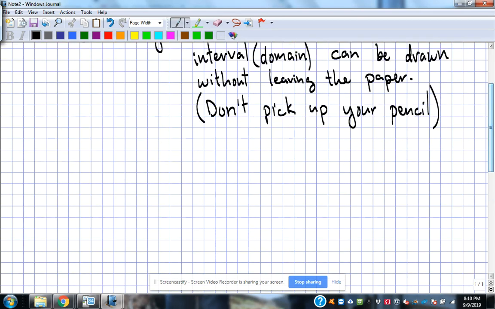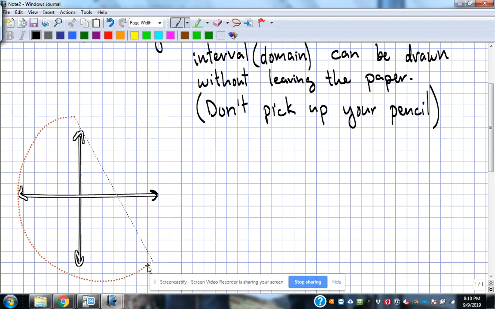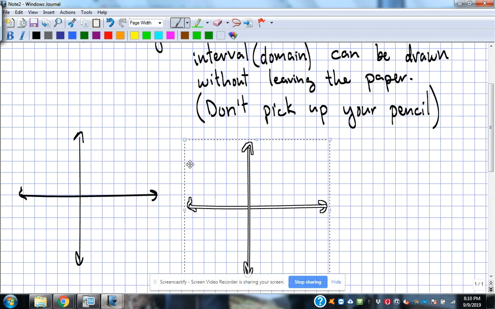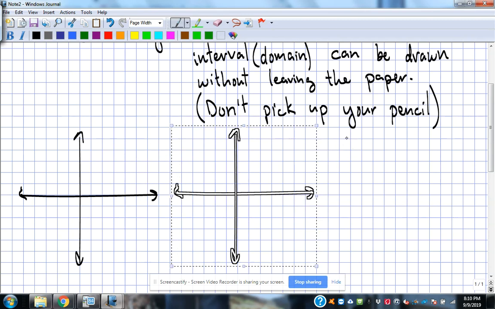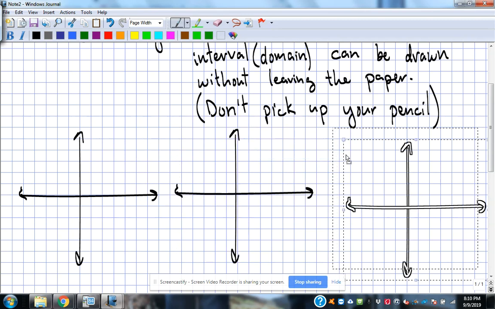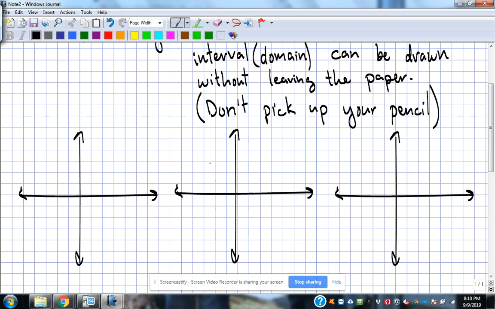Some pictures, just some basic sketches of some graphs. I'm just going to draw a coordinate plane here and draw a few examples. They don't have to be locked into the grid.